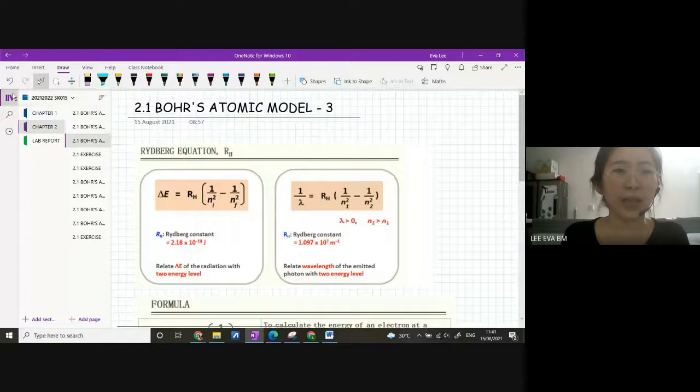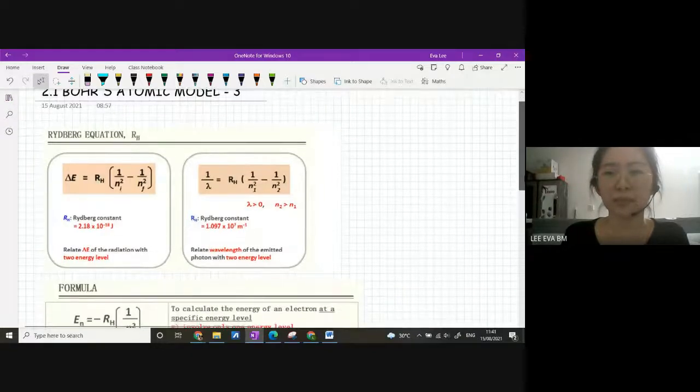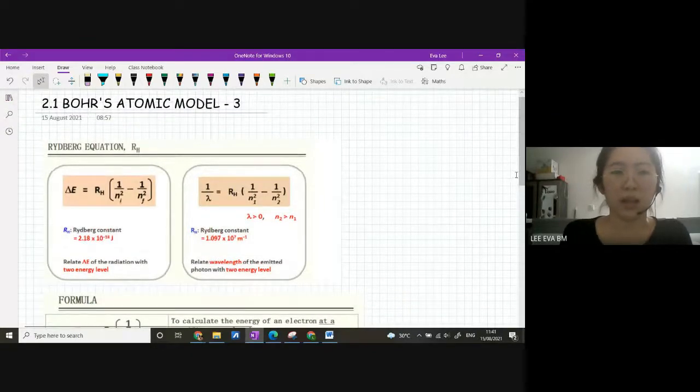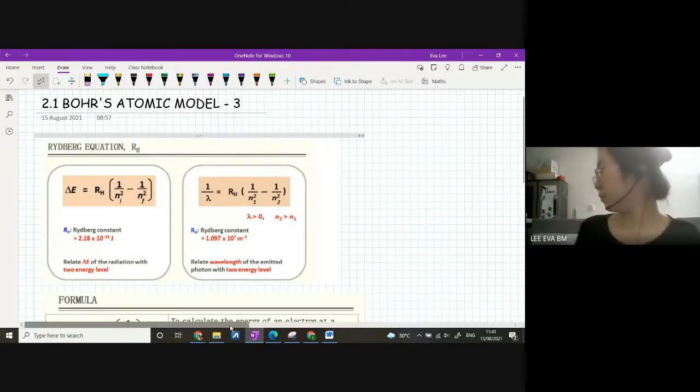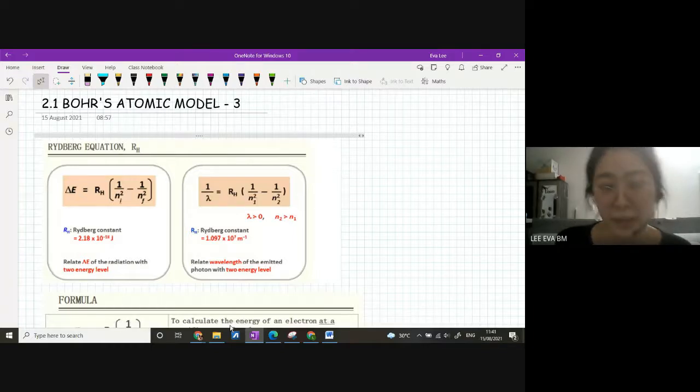So for this one, for Rydberg constant, right? Tadi madam bagi tahu ada berapa value dia? 2. Yang berbeza adalah unit. Value of course, but the most important thing you need to take note on is the unit.